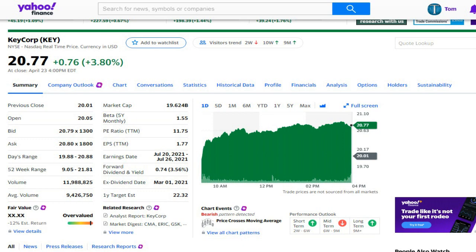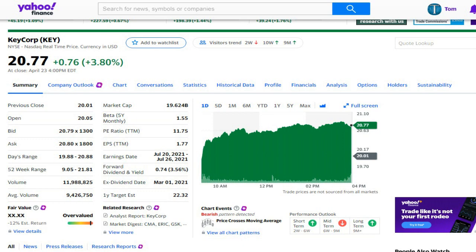The average volume, about 9.5 million shares, and at the bottom of that first column we see that it is considered to be overvalued. The PE ratio, 11.75, I like that.